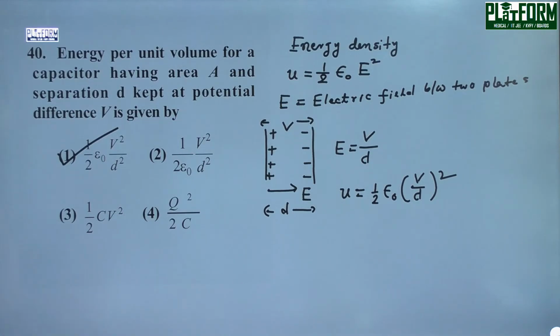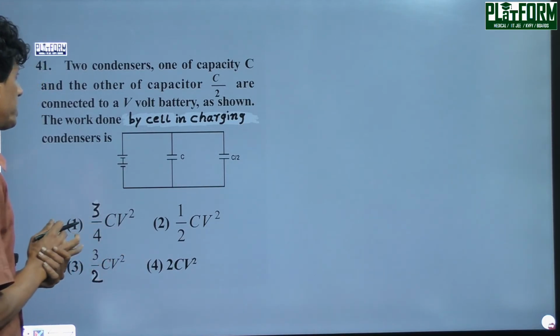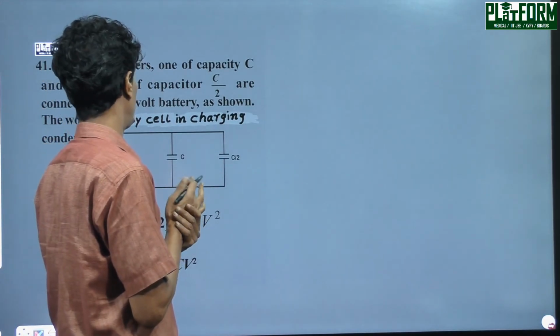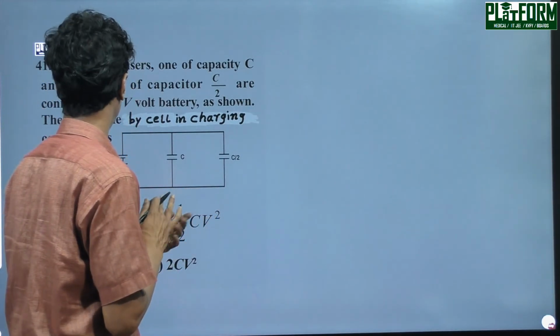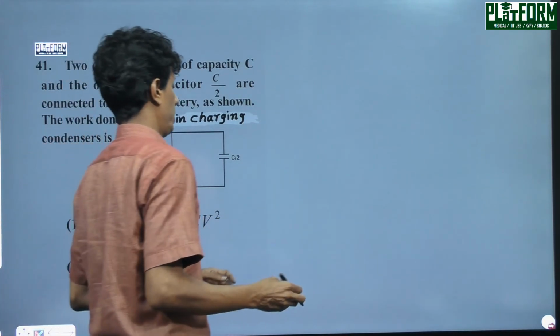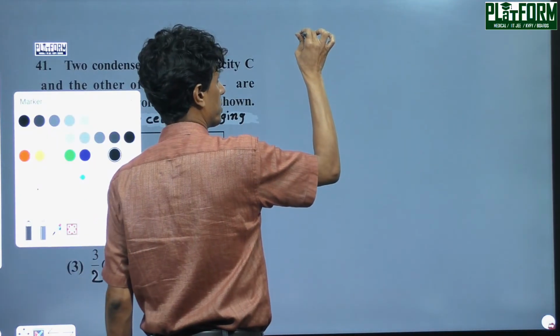Next question of the video session. The condenser of capacity C and the other of capacity C by 2 are connected to a V volt battery as shown. The work done by the cell in charging the condensers. First of all, we have to find out the equivalent capacitance.